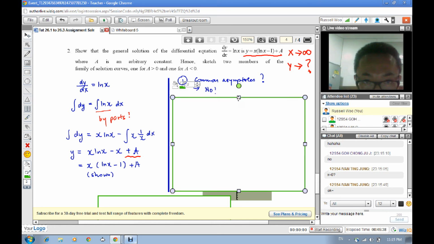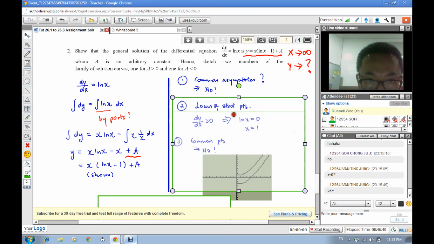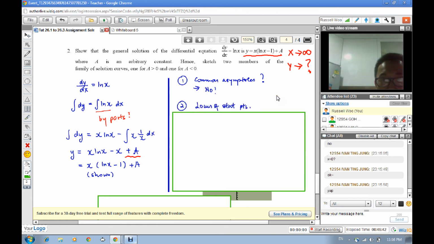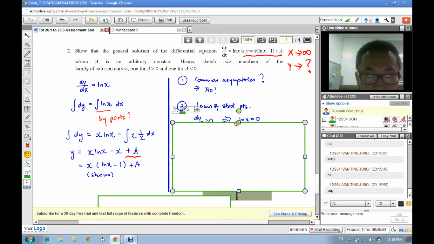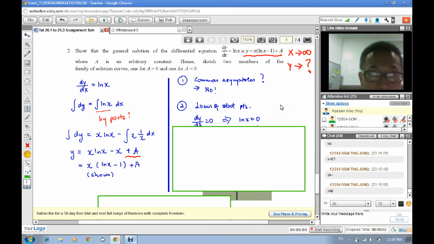Ivan, okay? Good. Next, we check locus of stationary point. Is there a locus of stationary point? Usually 9 times out of 10 it will be there. In this case, we just look at the dy dx, or rather the DE. We get dy dx equals 0, and then ln x equals 0.